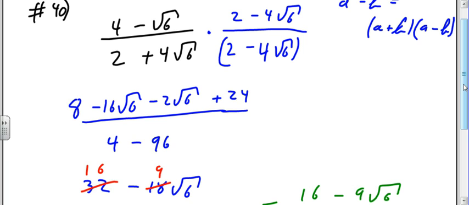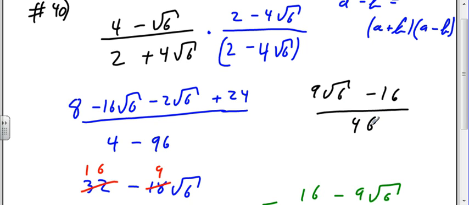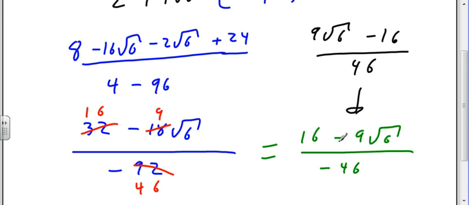Oh, very nice. So my calculator gave me 9 square root of 6 minus 16 over 46, which is the same as that guy there, except I don't have a negative in the bottom. So that'd be a reasonable thing to do, multiply top and bottom by minus 1. So thank you, calculator, for giving us the right answer. We're going to 45 next.